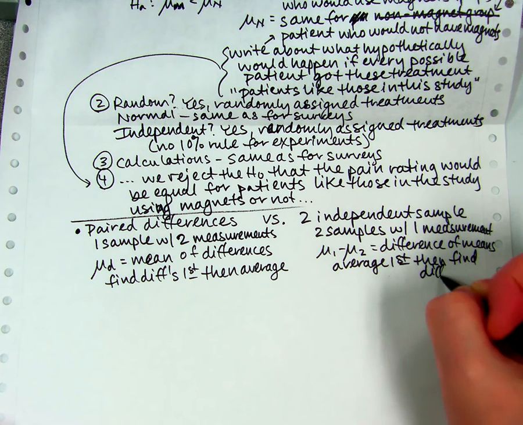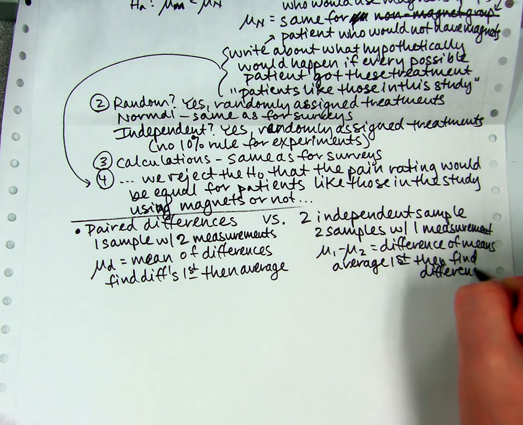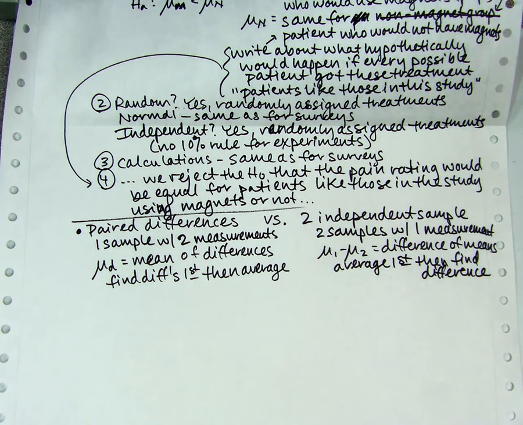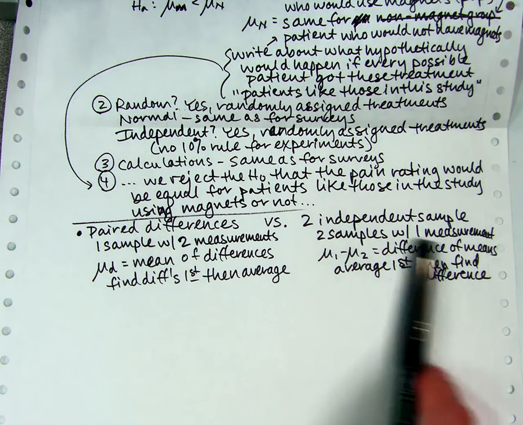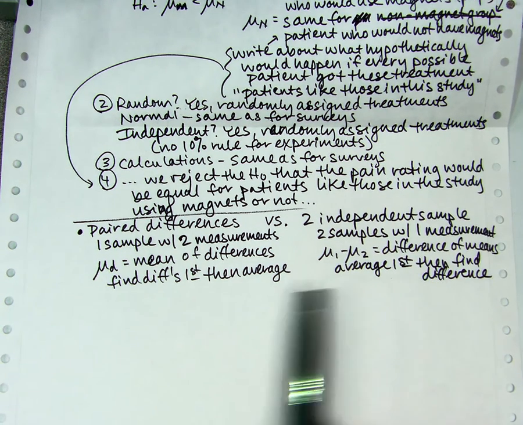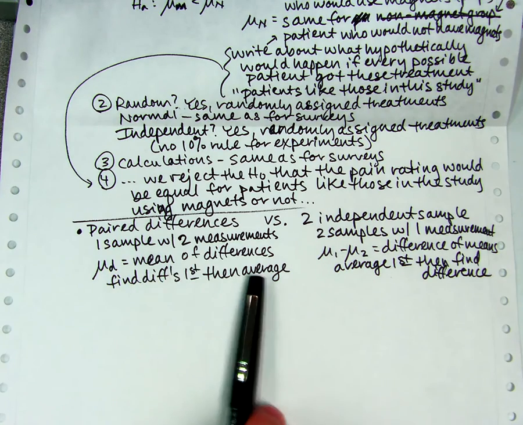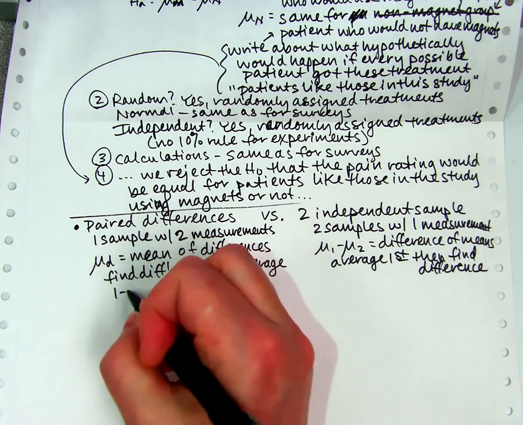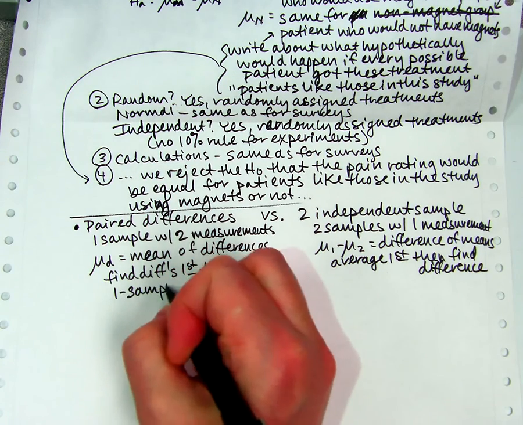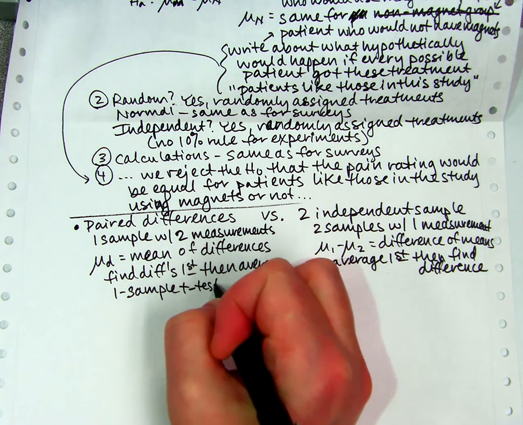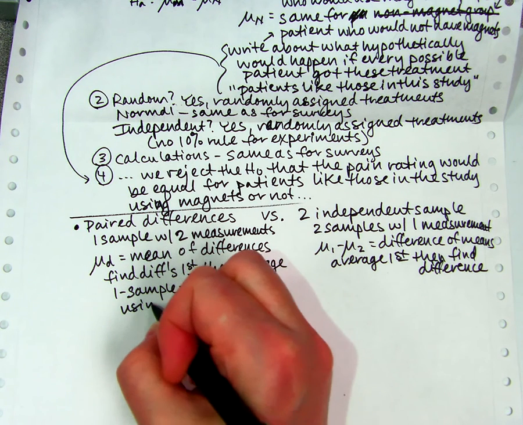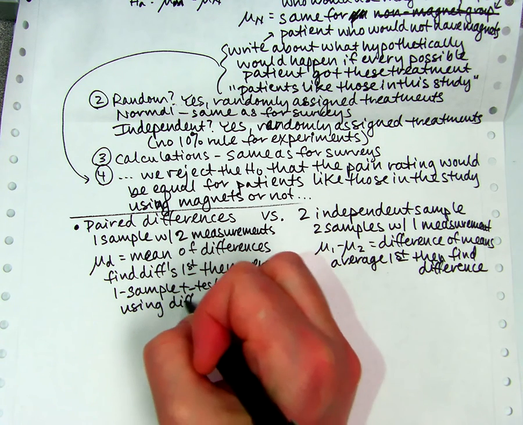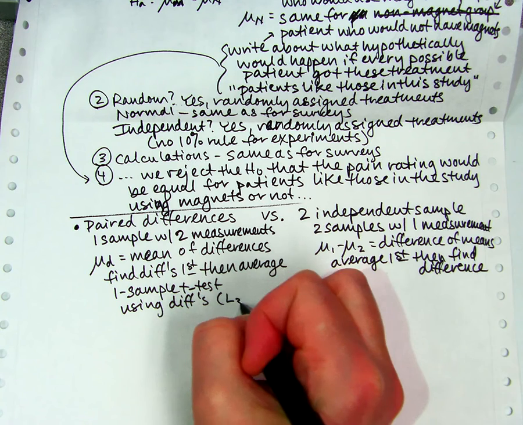So it's a difference in order of operations, and it's kind of an important one because you would not want to find differences if they're not naturally in pairs. So if they're not naturally in pairs, you're doing this. If they're naturally in pairs, you want to find the differences first and then find the mean. And this is a one sample t-test, which is why it was in chapter 9, using the differences, which are usually in list 3.